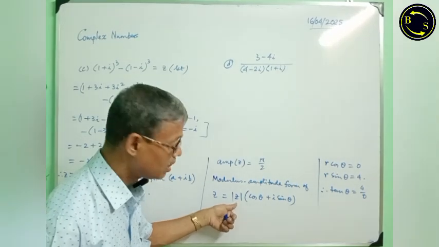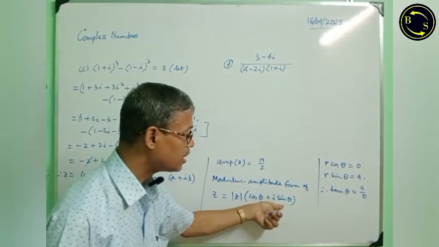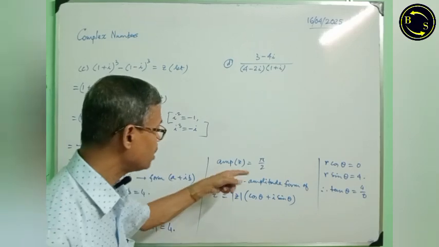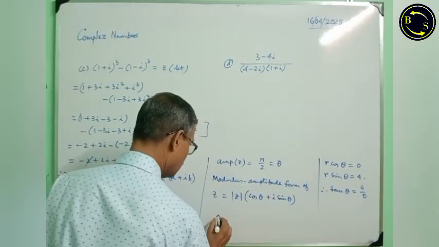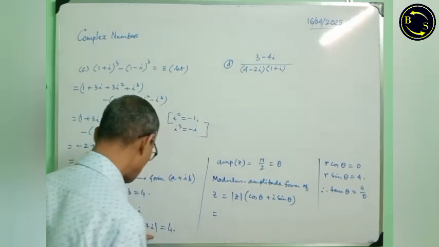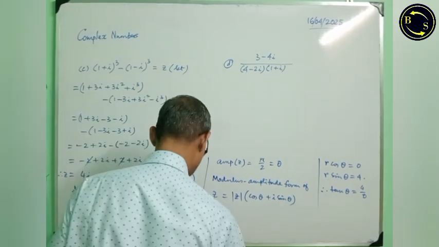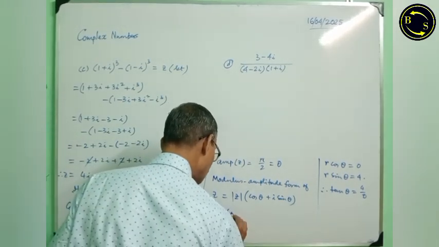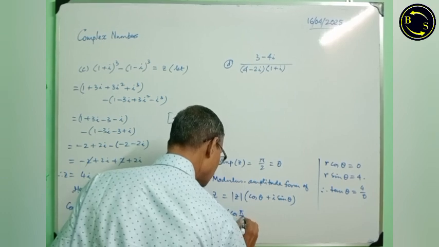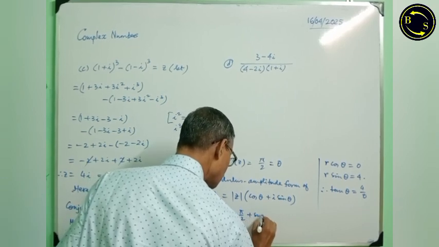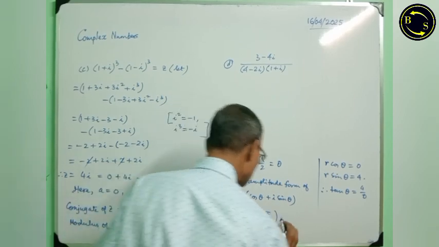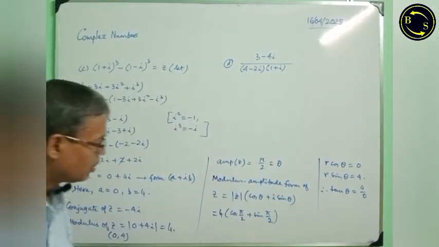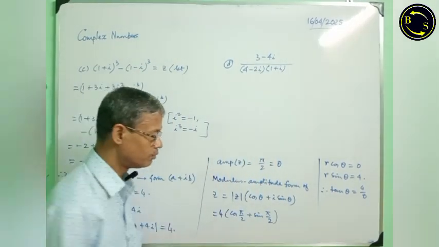Modulus z within brackets cos theta plus i sin theta, where theta is pi by 2. That is equal to mod z, already 4. This is the modulus amplitude form.